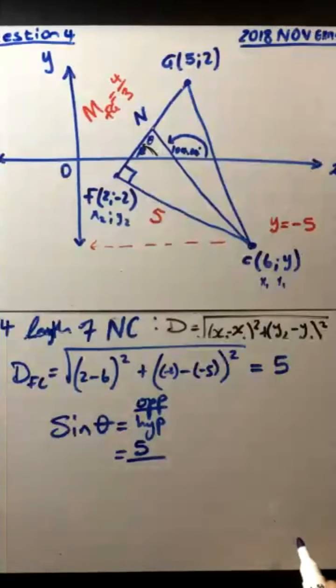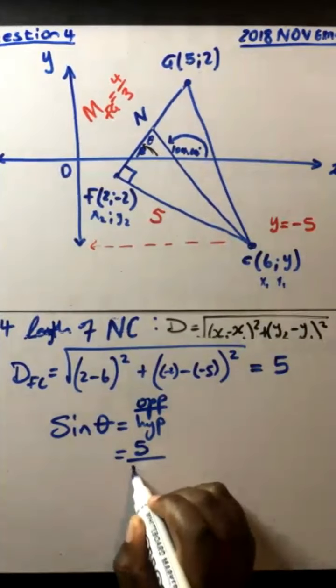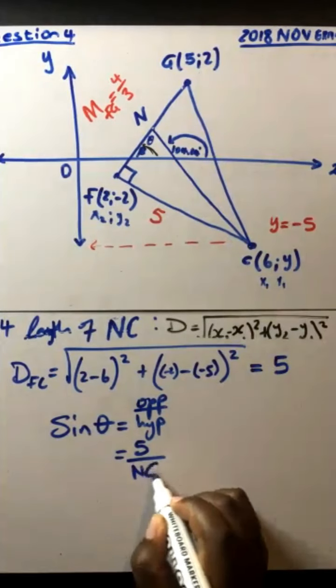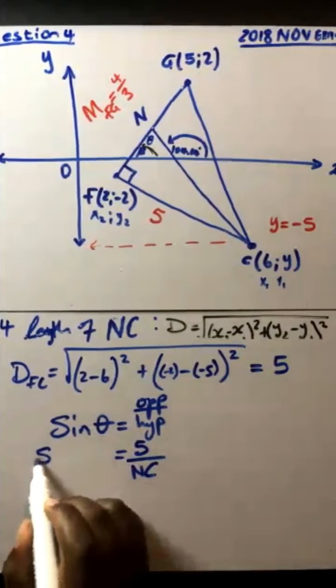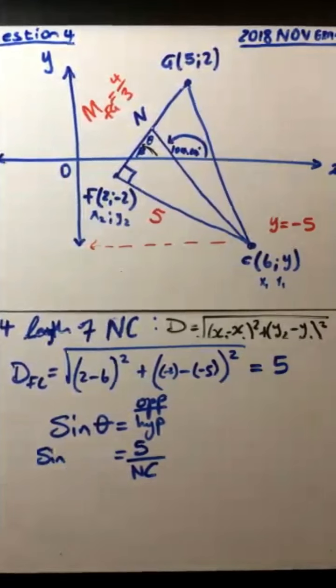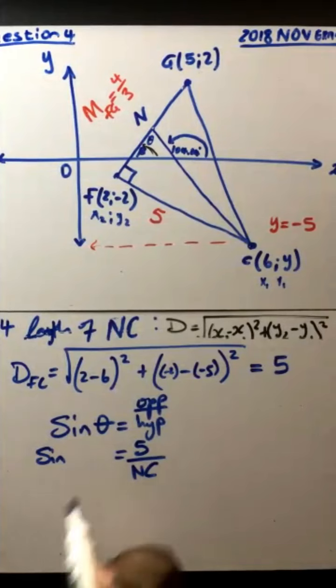What is the hypotenuse? NC. We don't have it. We don't have the value. It's NC, which is what the question wants us to calculate. So now we're having a sine what? 50,91.